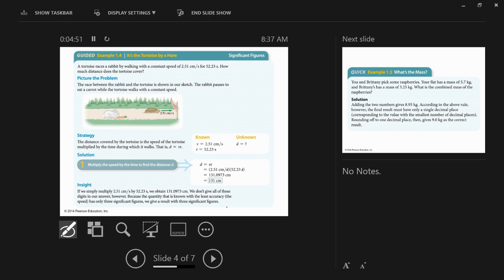Don't forget your units. So our seconds cancel out. Distance is equal to whatever 52.23 times 2.51 is, in centimeters. So multiply that on your calculator and tell me what you get. 52.23 times 2.51.